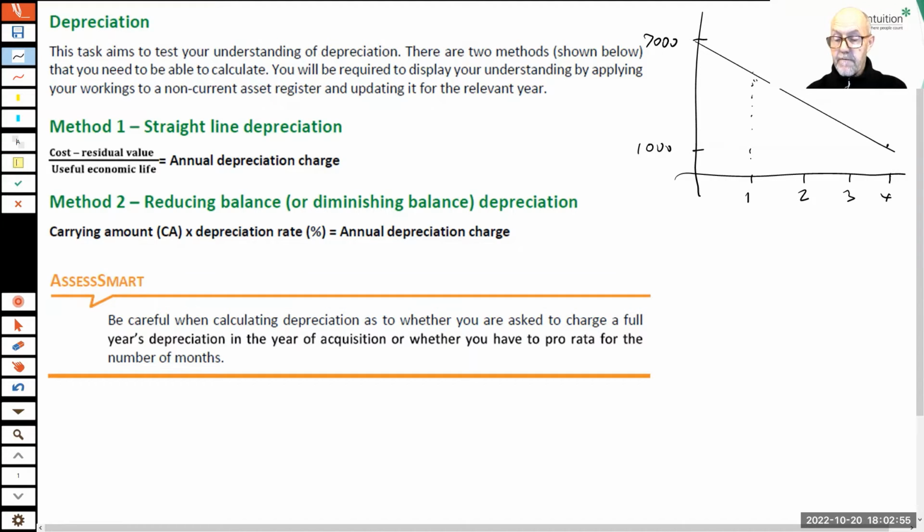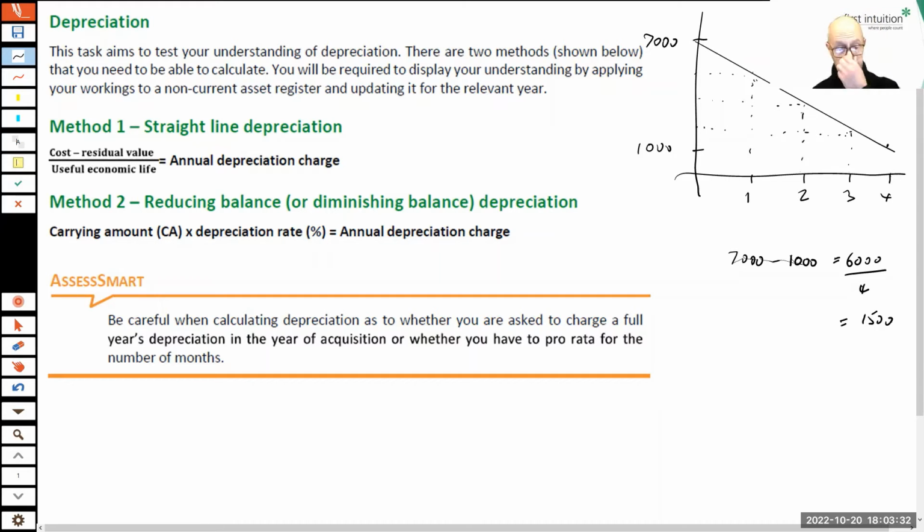So the amount each year, it's going to drop from 7,000 to 1,000, which is 6,000, and of course 4 years. Each year it'll drop in value by £1,500. And as we draw this on a graph, sure enough, we'll get a straight line. I'm not the world's greatest artist. This isn't bad for me, this.